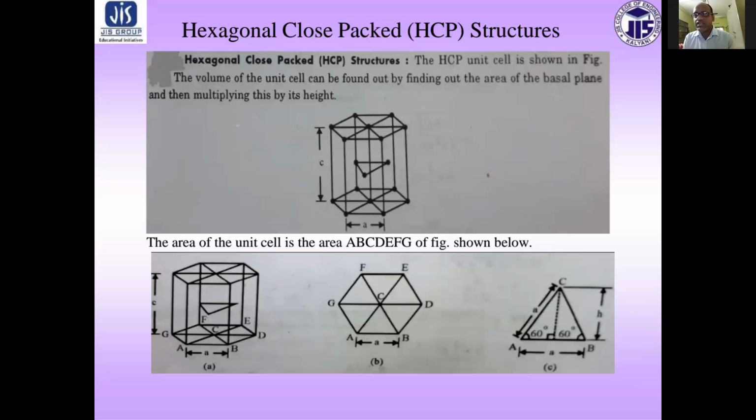For the hexagon, we consider a small part, 1/6 of it, given by triangle ABC, with height taken as h. The corresponding angles are 60 degrees each, and AB, the length of one hexagonal axis, is a, and AC length is also a.